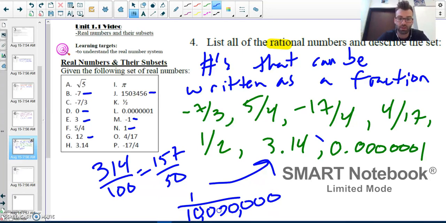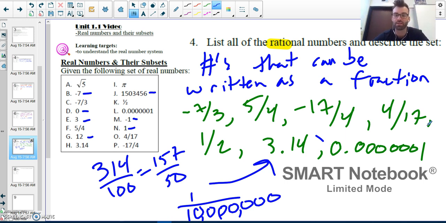If you're wondering where all this came from, an easier way is to plug this decimal, 3.14, into your calculator and press math, enter, enter. Same thing with this one, plug it into your calculator, press math, enter, enter to get fraction mode. So you are not coming up with your own fraction.